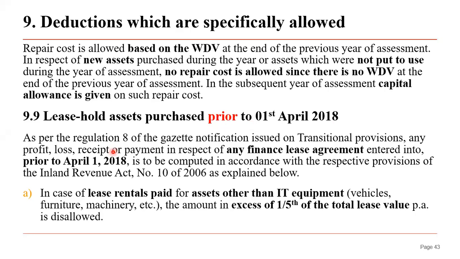Regulation 8 of the Gazette notification issued on transitional provisions says any profit, loss, receipt or payment in respect of any finance lease agreement, I am referring to the previous law, because they are not referring to operating leases, here they refer to finance leases. In operating leases, under the previous law also, we did not claim any capital allowance; whatever rental was paid was allowed as an expense.